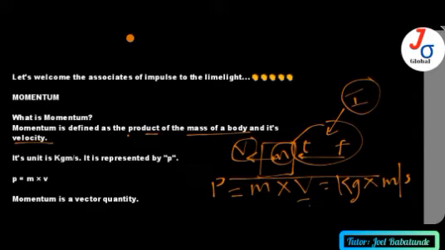So hence momentum is measured in kg meters per second. That is the unit of momentum. And momentum is a vector quantity. It has both direction and magnitude.